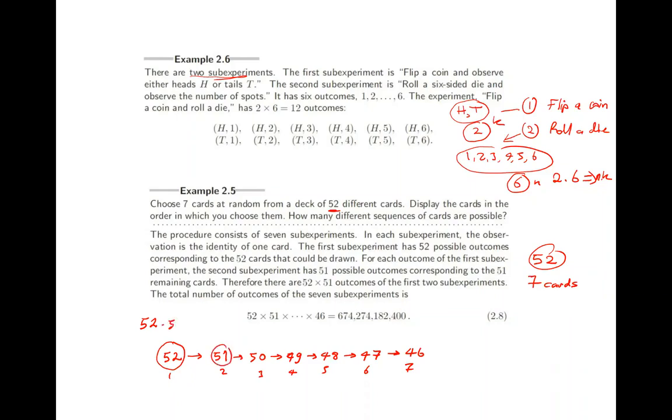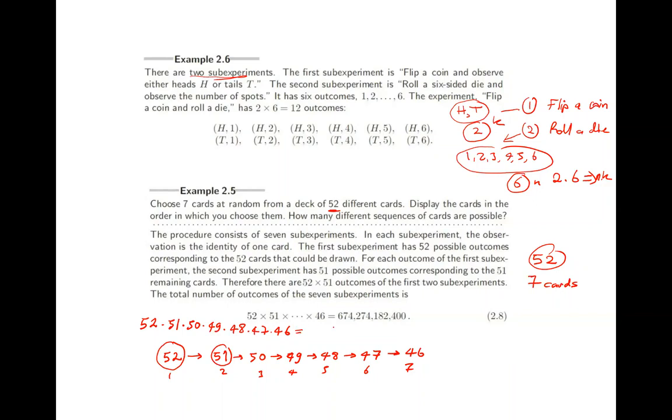So times 51. Next, 50, 49, and 48, and then 47, and then 46. Then the multiplication of this sequence will give you the number of sequences that could be possible in this experiment.